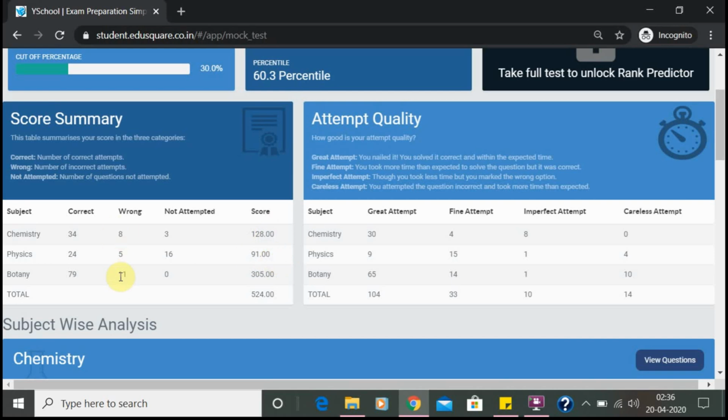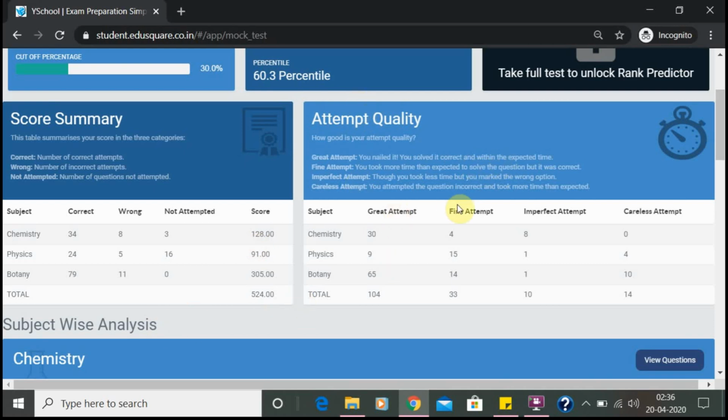Also, what we at Edusquare would want to advise you is that the number of wrong attempts should go down because it gives you negative marking. So only mark the questions that you are very sure of, and you know that you have arrived at the correct answer.